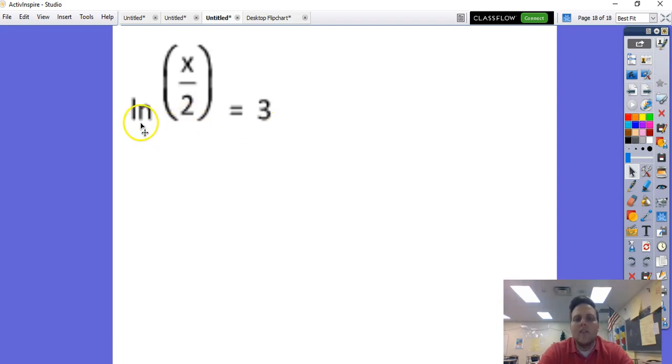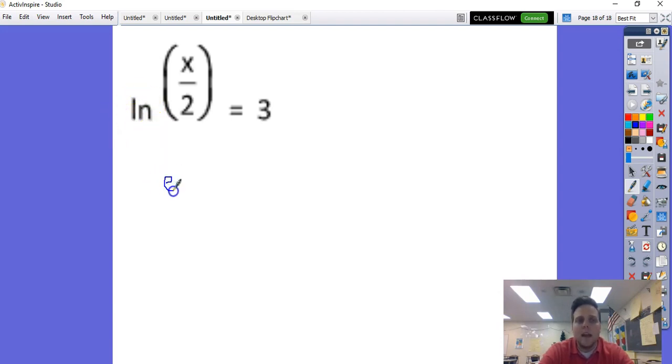So now we have the natural log of x divided by 2 equals 3. That means that the x divided by 2 is in the argument of the log, not in the base. Now this is natural log. So what is the understood base here? That's right, it's just e. But the x is still trapped by the natural log. So the first thing I need to do is get rid of the natural log by changing forms.